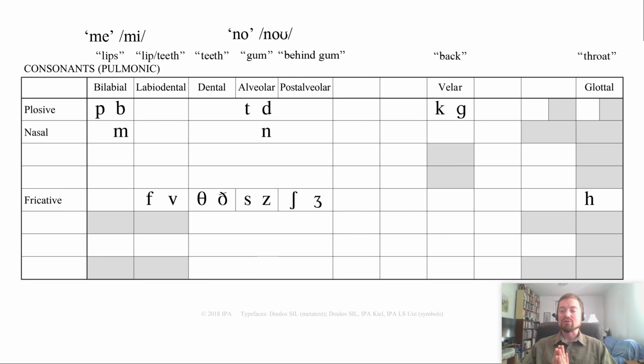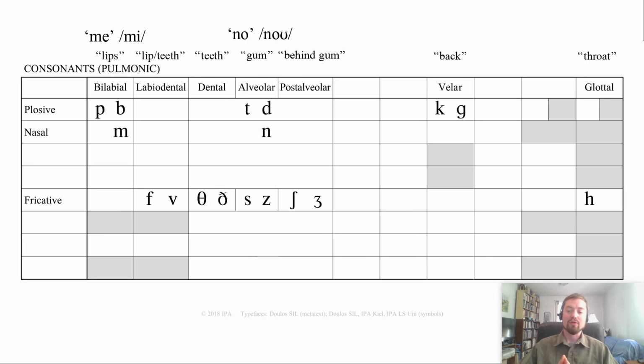Now, English has one more of these nasal consonants, and you can perhaps guess, based on the pattern here, that it is underneath the G. Now, this one doesn't have a letter associated with it. It's the sound that we often write as NG.